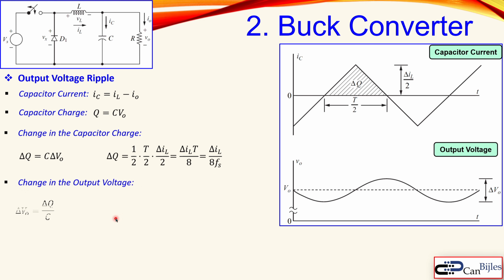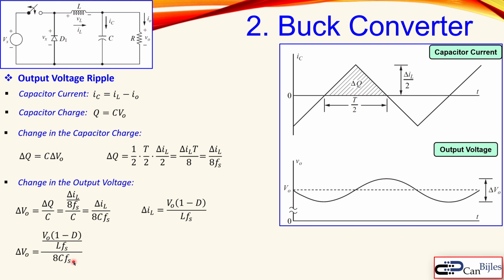So the change in the output voltage is delta Q over C. Let's put this delta Q in this expression and rewrite it such that the expression is shown here. Now we know that the delta IL, which is the peak inductor current, was given by this expression in the previous discussion. So we can also substitute that in here, and that will give us this expression.